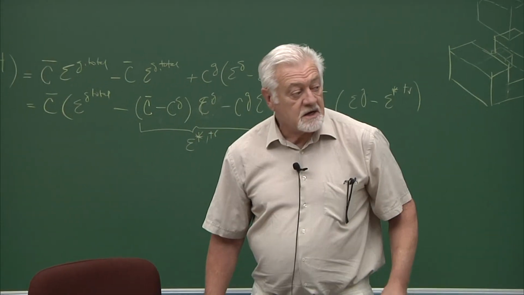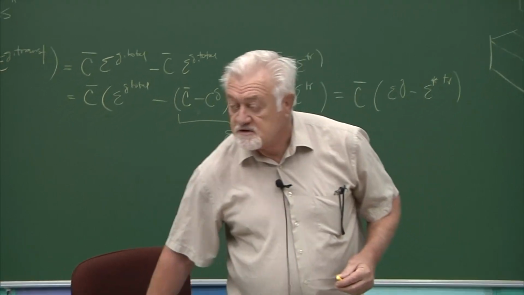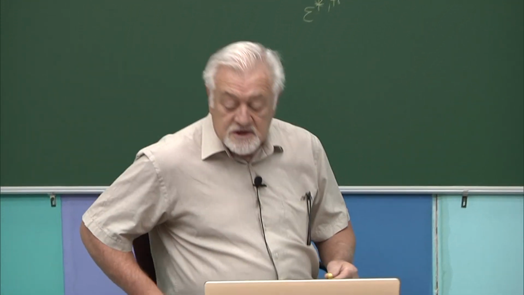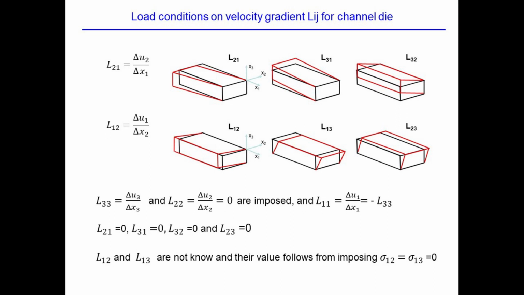So you see how the velocity gradient is used in the code. Here you see that this component L21 is delta U2 with respect to x1. So this is how much the displacement changes in the direction 2 when you move along the direction 1.